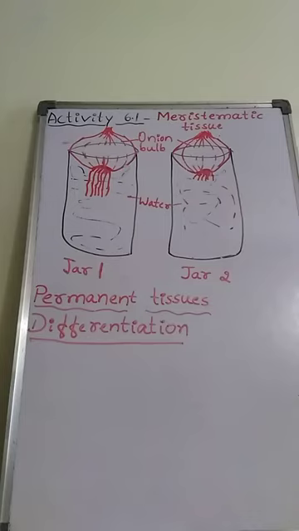Differentiation is nothing but the process of taking up a particular shape, size, structure and function. That means the cells of the permanent tissues have taken a permanent shape, size and function.